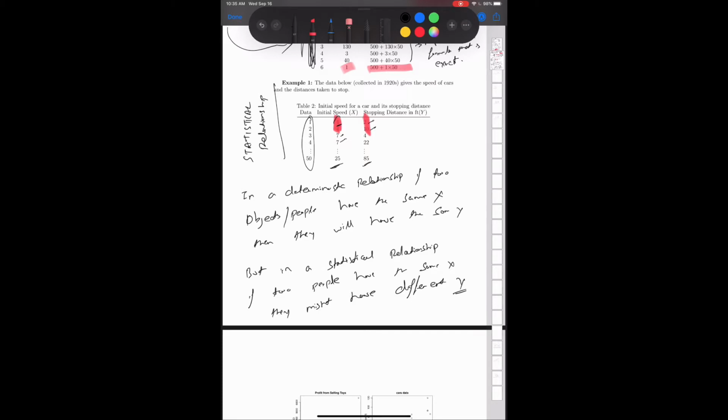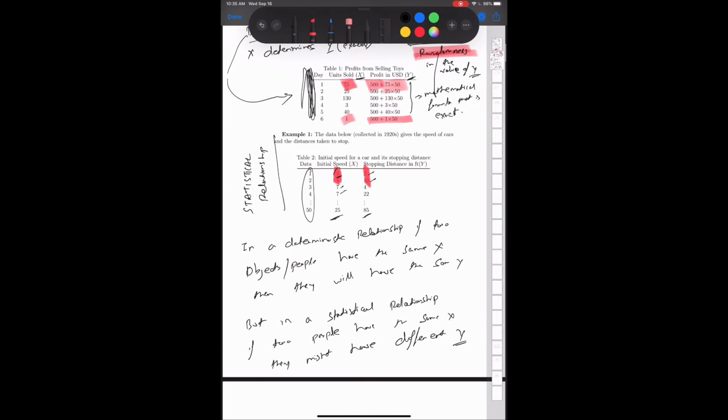Okay, so why is this what's happening here? If you wanted to think about it, there are two different cars. Some cars have better brakes than other cars. Some cars are slow to stop. A truck does not take the same distance to stop as a sports car, right?